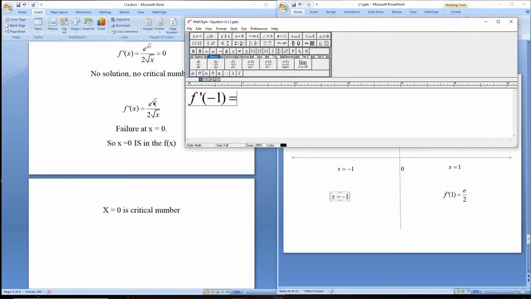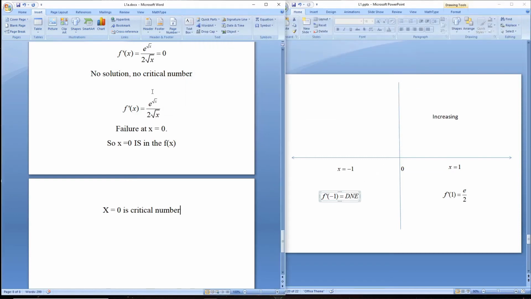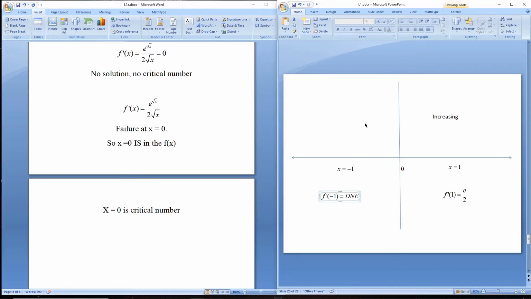Because then we have to take the square root of -1. So there's no value here. Looking at the derivative here, plugging in -1, we can't take the square root of -1. As a matter of fact, we can't take the square root of any of these negative values here in this left region. In other words, this entire left region has nothing in it.